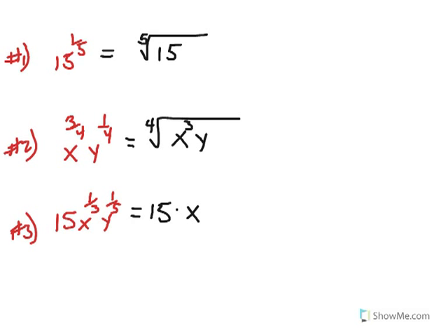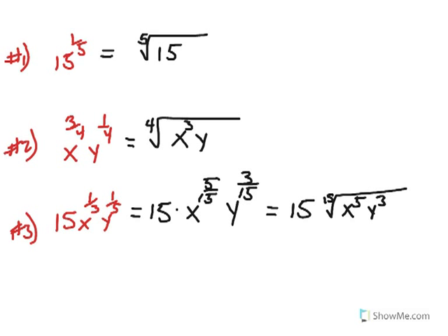So we're going to multiply the 1/3 top and bottom times 5, which gives us 5/15, and the 1/5 top and bottom by 3, giving 3/15. Now we can write this as 15 times the 15th root of x to the 5th y cubed. You need those common denominators so you can write it under one radical.